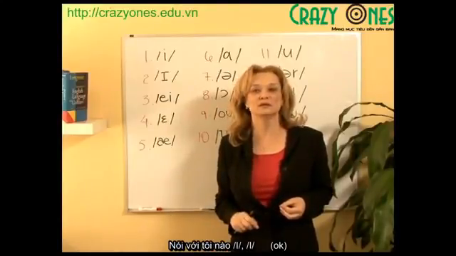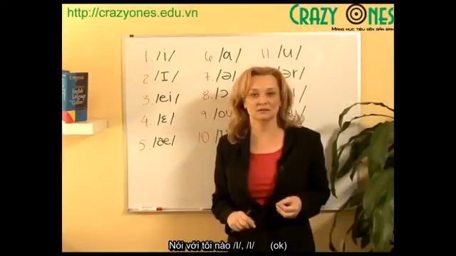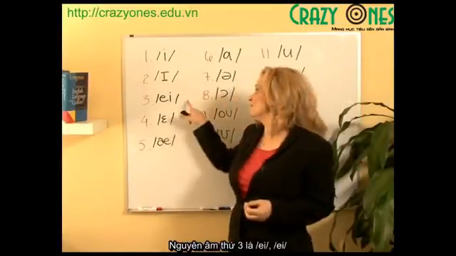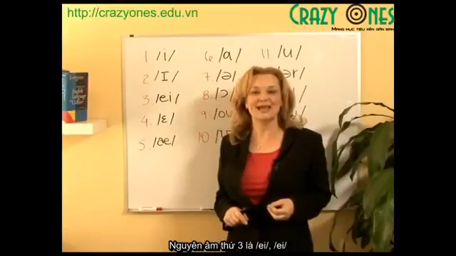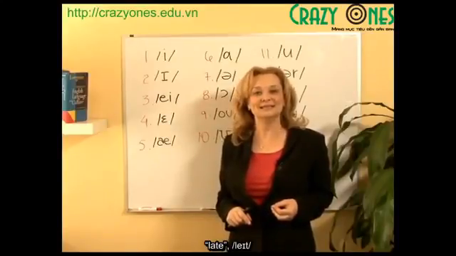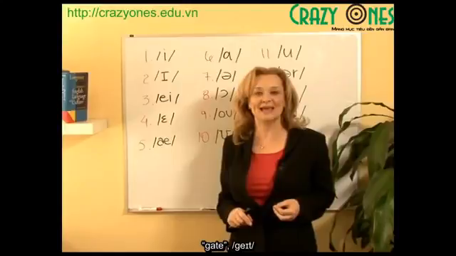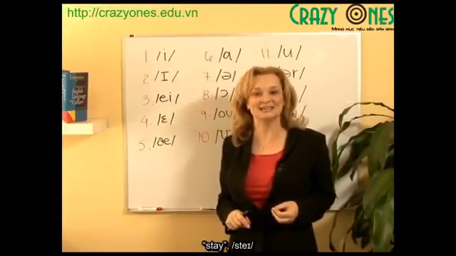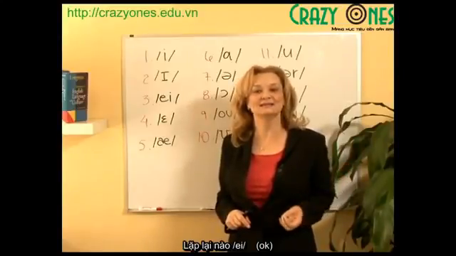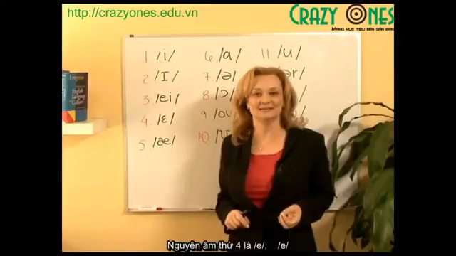Say it with me. Okay, vowel number 3 is A, as in late, gate, baseball, stay, okay. Let's say it again.